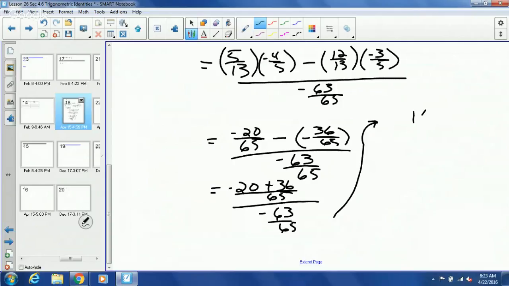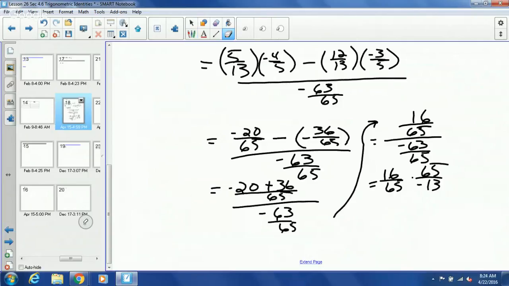That gives me 16 over 65, and that's all over negative 63 over 65. Last step is, okay, what happens here? Those 65s cancel out, so I'm just left with negative 16 over 63, right?